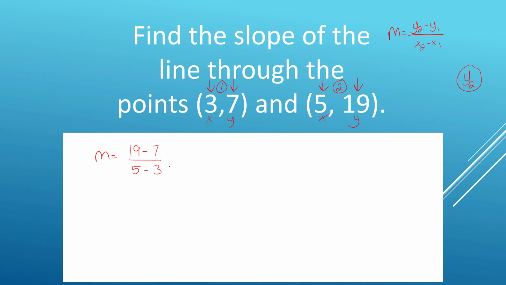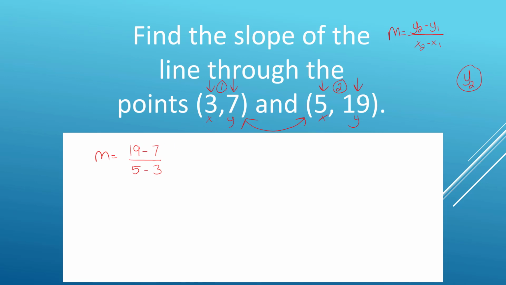Now, it is very important that you're keeping these in the correct order. While it doesn't matter which one of these is 1 and which one of these is 2, it does matter that once you've labeled them, you treat that one as 1, you treat that one as 2.